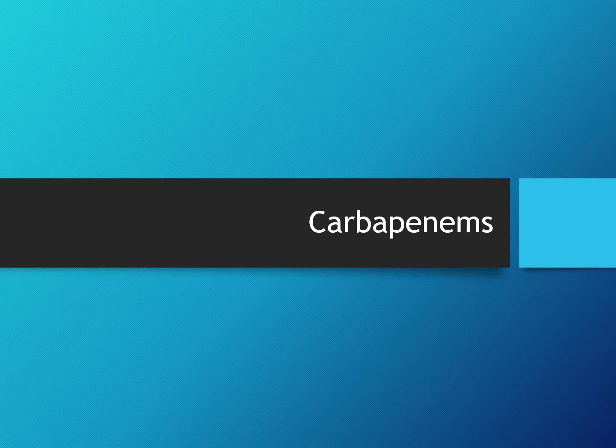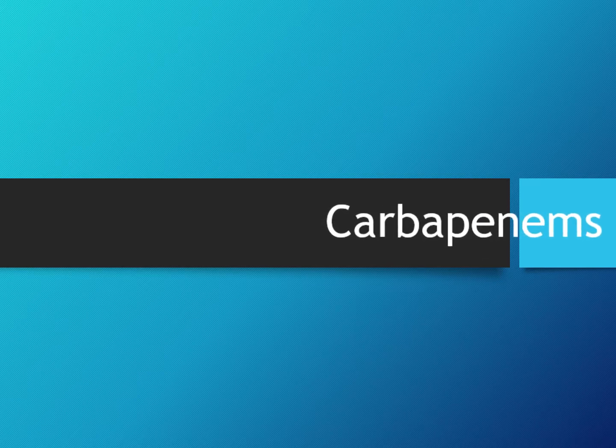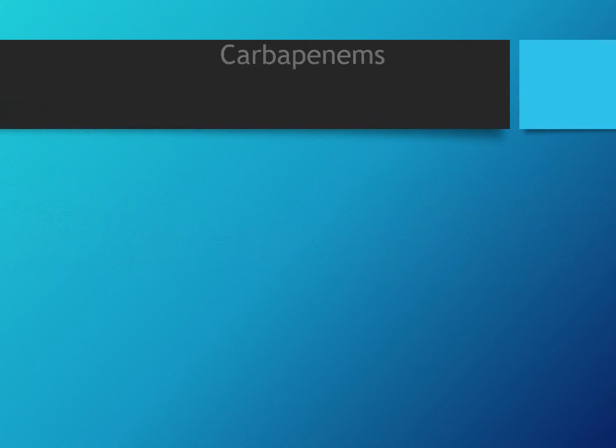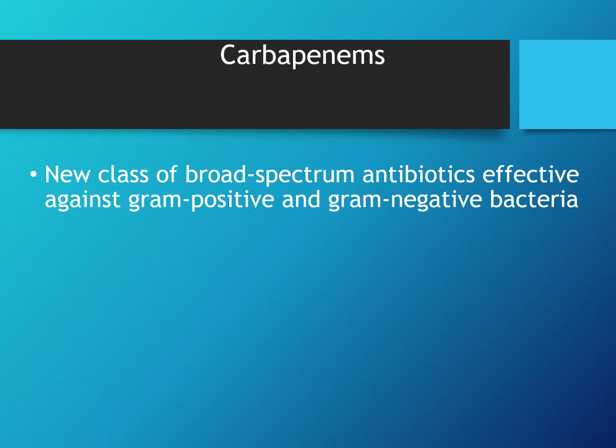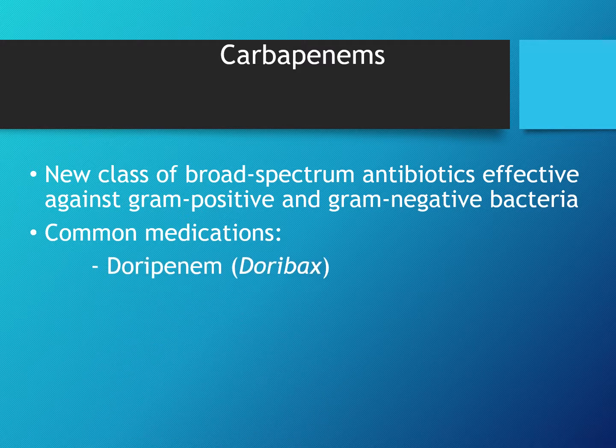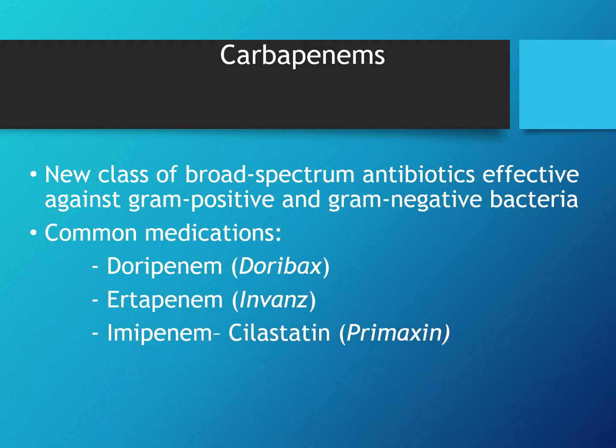All right, so we're going to look at carbapenems. So is the next classification that we will be looking at. Alright, so carbapenems, these are broad spectrum antibiotics, so we can use these against gram-negative and gram-positive. And some of the common medications, there's not a whole lot of them, but you have doripenem, ertapenem, imipenem, and meropenem.